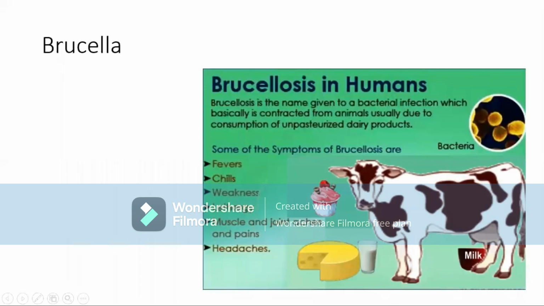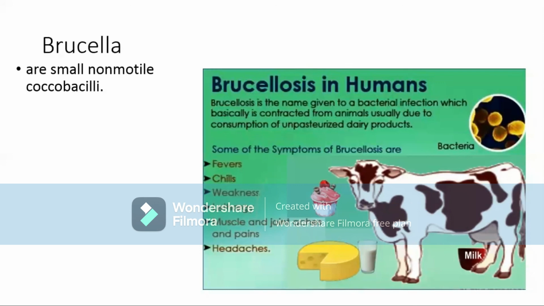Okay. Another important group of organisms you must have heard of is Brucella. Brucella is among the organisms that can be one of the most dangerous pathogenic bacterial species.